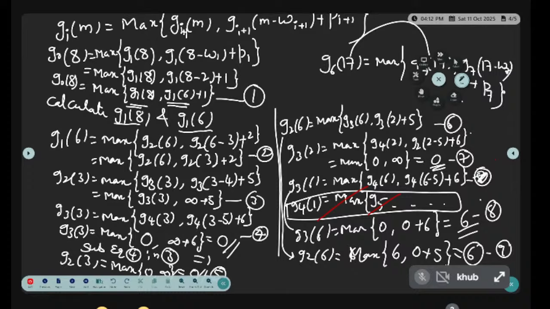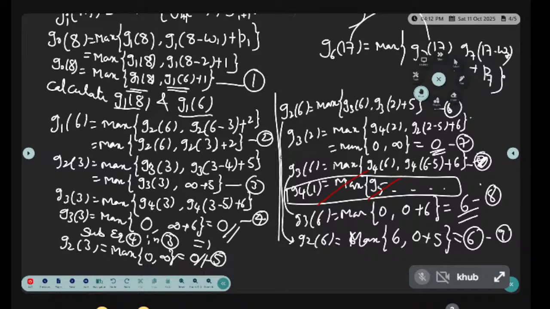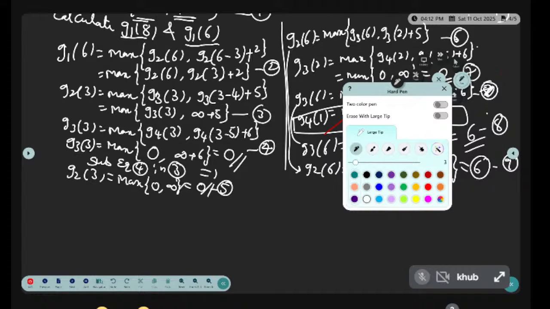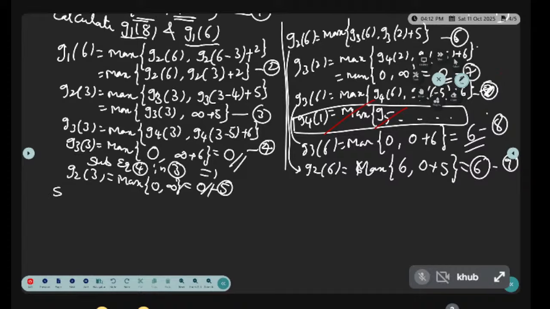G2 of 6 and G2 of 3 is 0. Substitute G2 of 6 and G2 of 3 in equation 2.